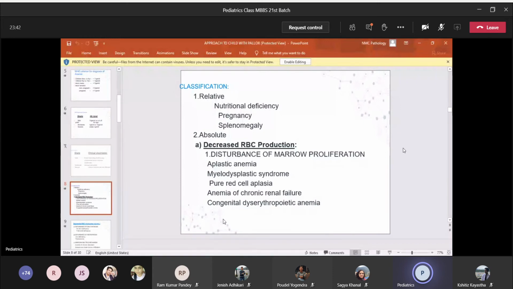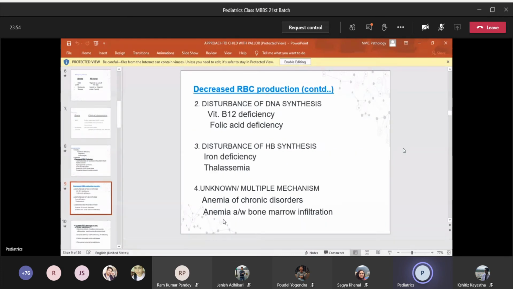When there is decreased RBC production, the causes are aplastic anemia, myelodysplastic syndrome, pure red cell aplasia, anemia of chronic renal failure. If there is a disturbance of DNA synthesis, then we have anemia, mainly due to vitamin B12 deficiency and folic acid deficiency.